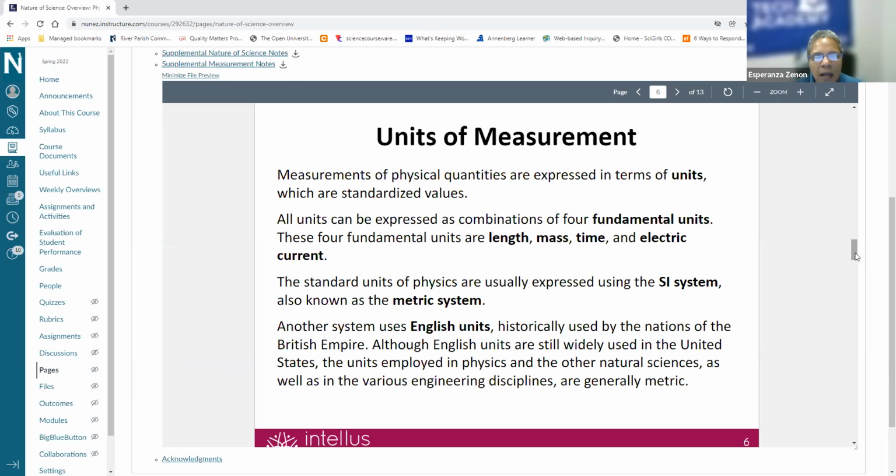Now in physical science, there are only certain physical properties that we deal with, and so that means we use units that are relevant for those physical properties.